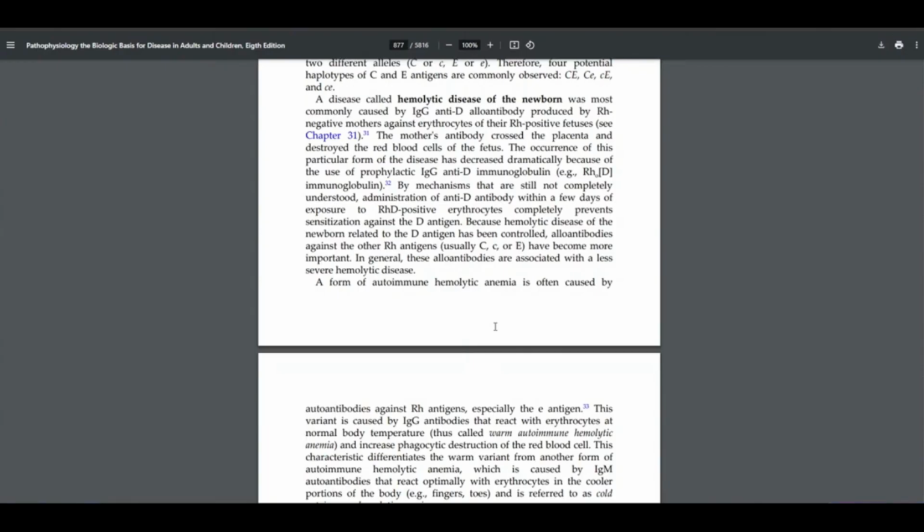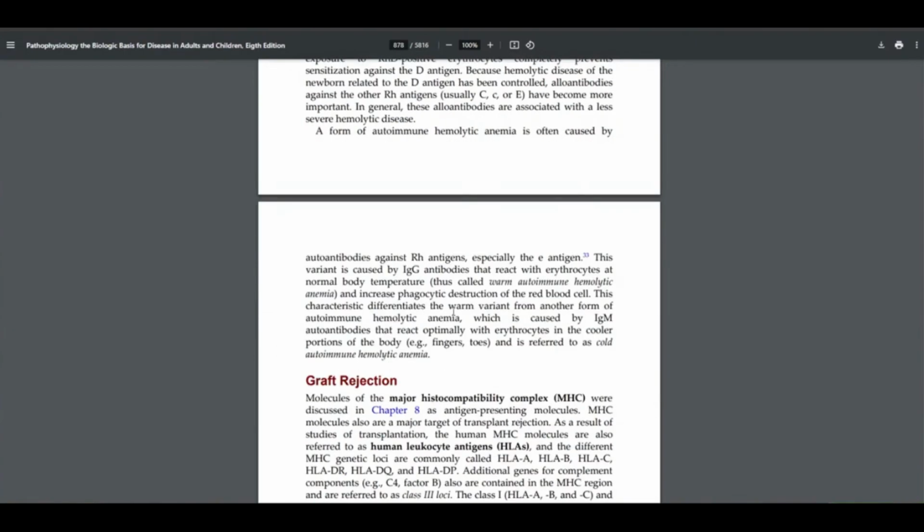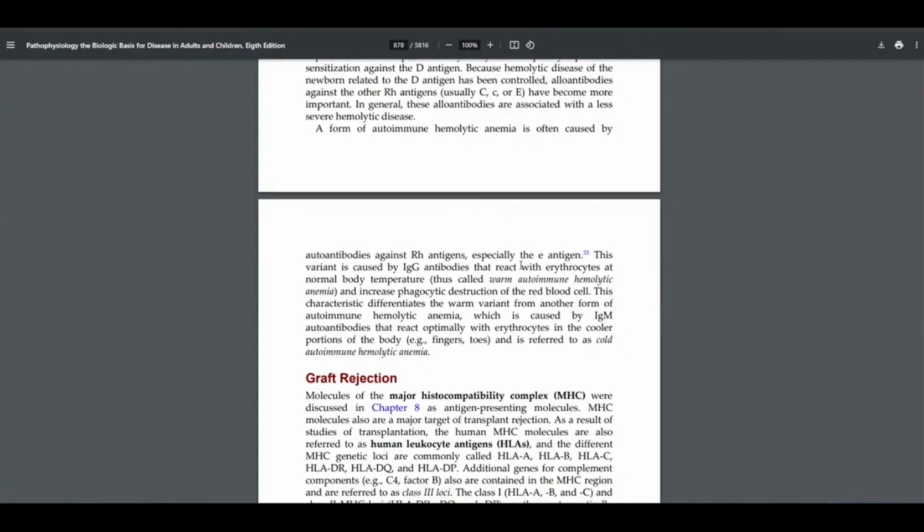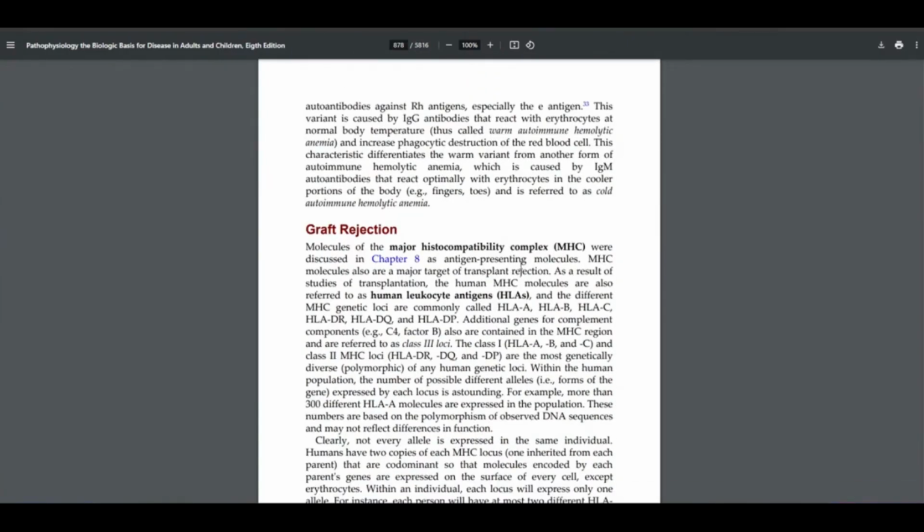In general, these alloantibodies are associated with less severe hemolytic disease. Warm autoimmune hemolytic anemia is a form of autoimmune hemolytic anemia often caused by autoantibodies against Rh antigens, especially the E antigen. This variant is caused by IgG antibodies that react with erythrocytes at normal body temperature and increase phagocytic destruction of the red blood cell.